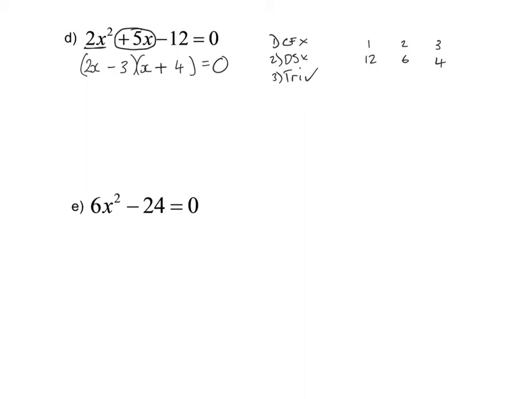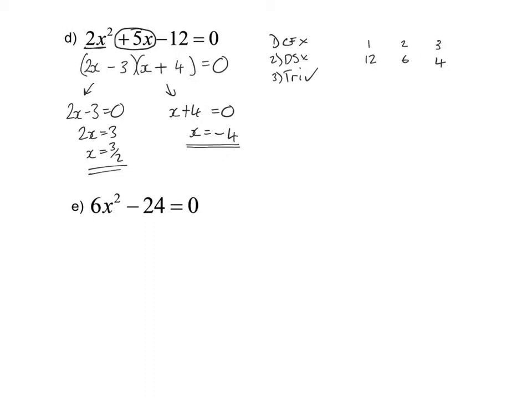Again, we'll break it into 2 equations, so either 2x minus 3 equals 0, or x plus 4 equals 0. So 2x equals 3, meaning x equals 3 halves, or x equals negative 4.